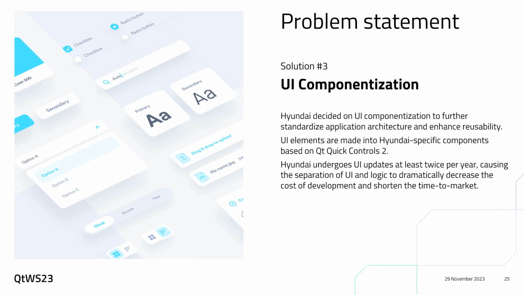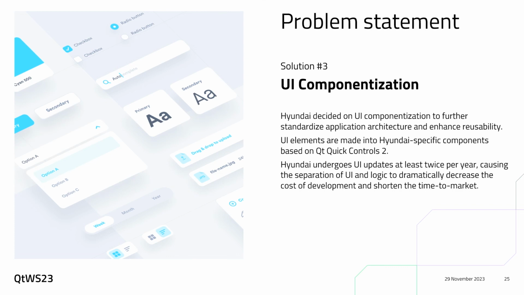They were able to make Hyundai-specific components that were these Qt Quick Controls too. These would be reusable across the different lines, across the different models, and ultimately make it much, much faster and much more consistent across the brands, regardless of what the level is or what the exact manufacturing logo was.